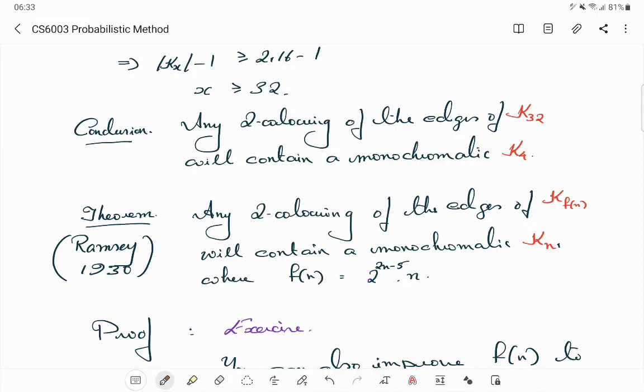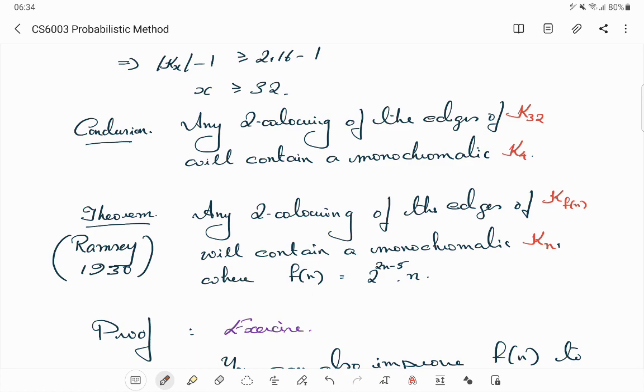If you extend this proof, you will get some number like 2 to the power 2n minus 5 times n. So if you are looking for K_n, you have to do this recursive pigeonholing nearly 2n times, not n times, because every time you do a pigeonhole principle, the colors that go into the further subset we know are the same, but it could be either of the two colors. That's why you need these two things.